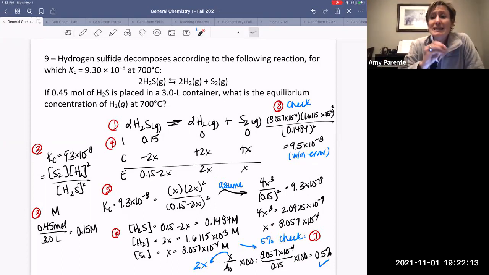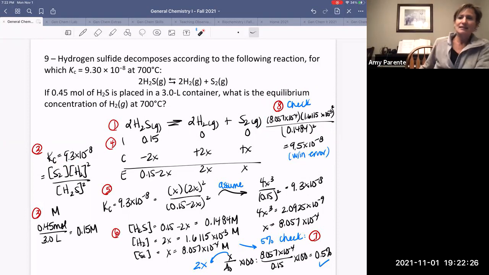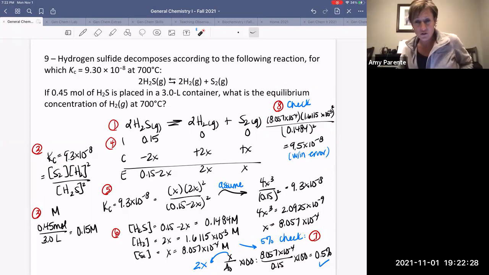Okay, but please, please, please, before you submit your answer, do this little check. If you can put the values back in that you had and get your equilibrium constant, you can have more confidence that the answer you got is correct.